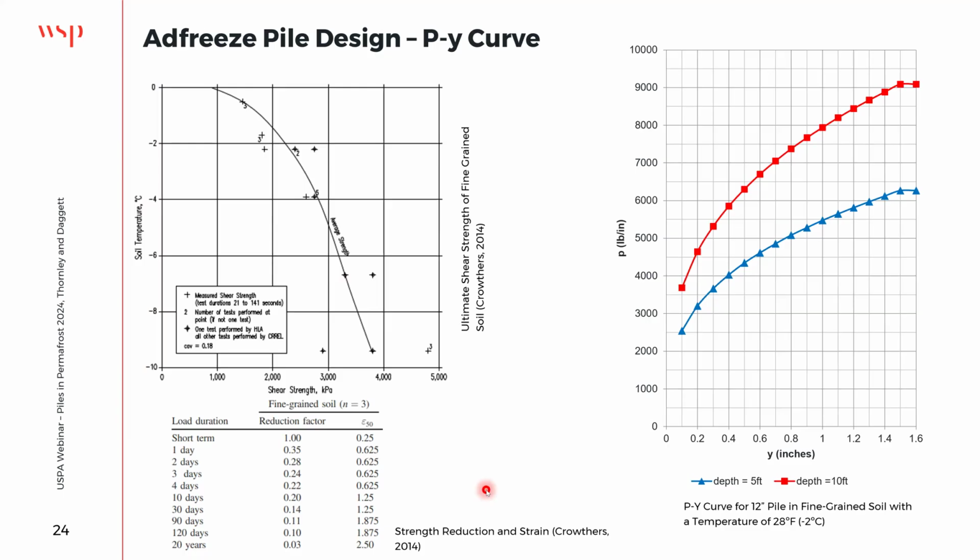Right here we have a fine-grained material and what your shear strength might be at various temperatures. Then from that, we need to reduce our strength depending on the length of the load. So if the load is going to be continuous for 20 years, the strength is reduced by 0.3. Multiply that and you'll have a tiny strength left.